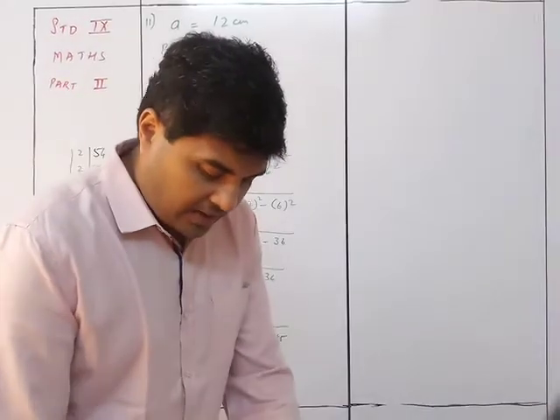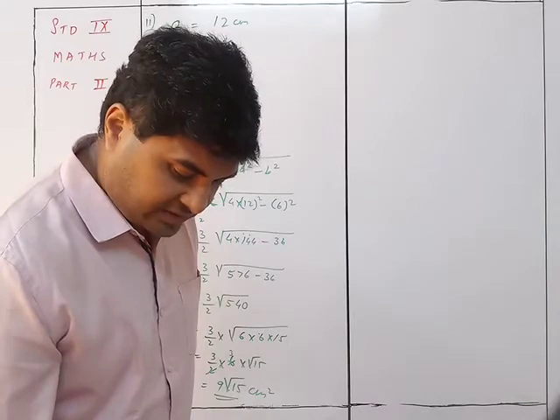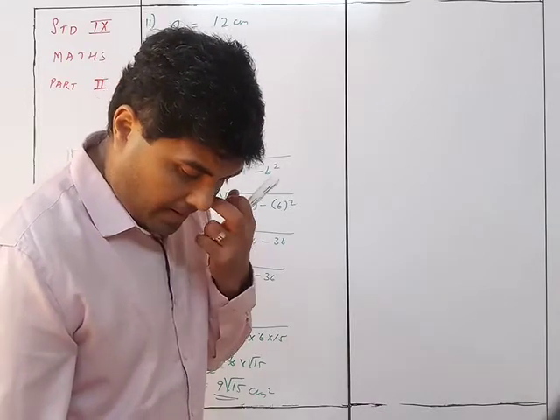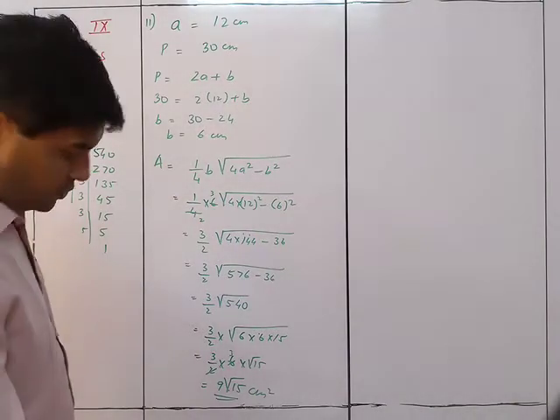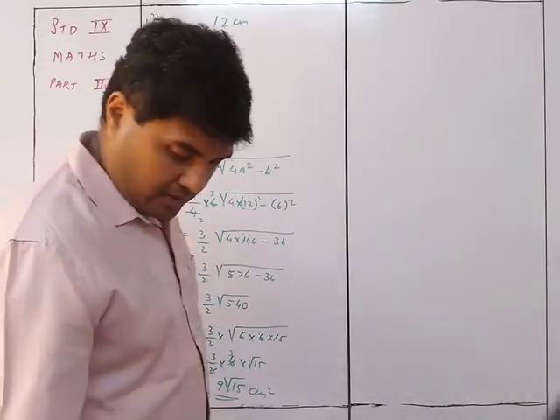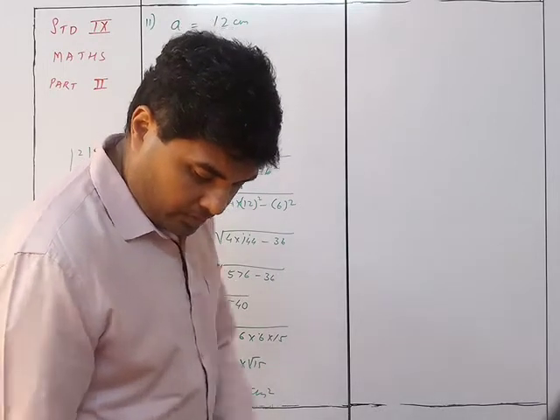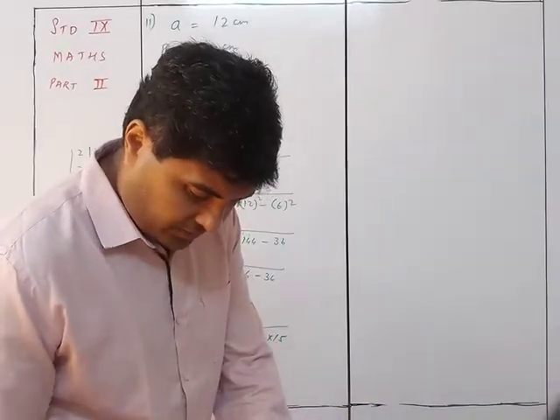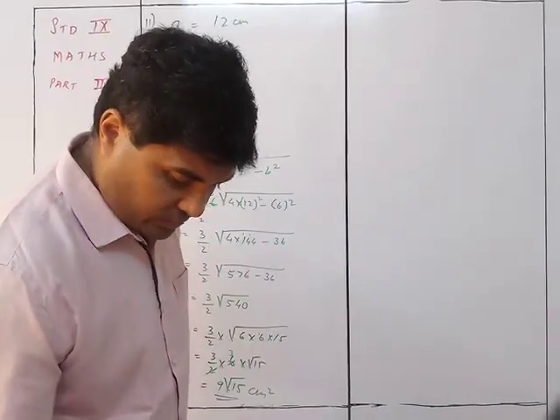We can check the answer. Sum number 11 is 34.86 centimeter square.